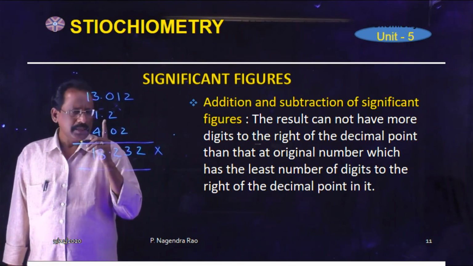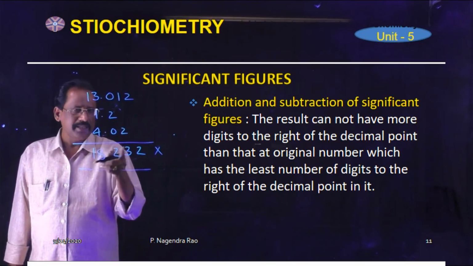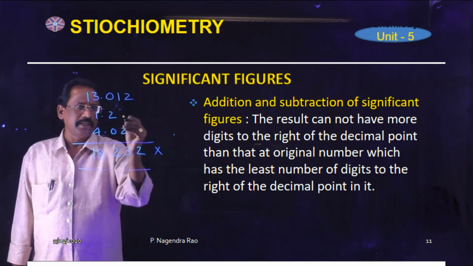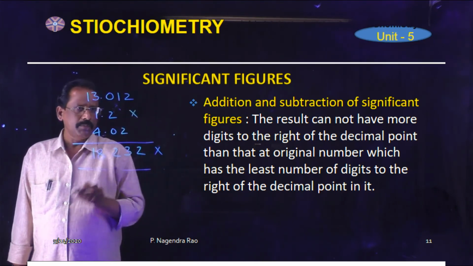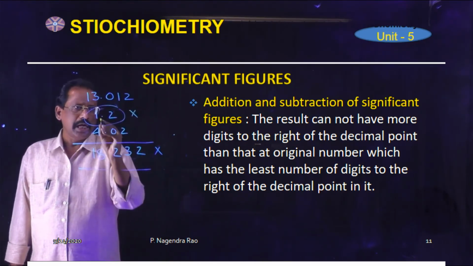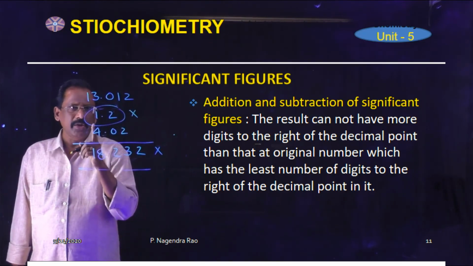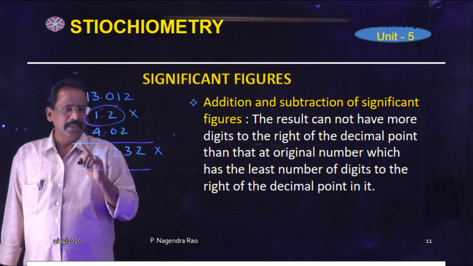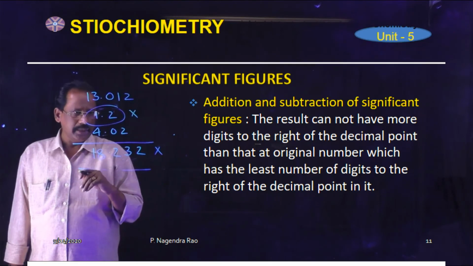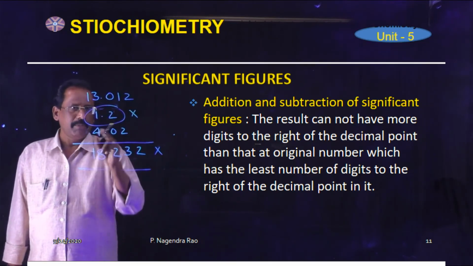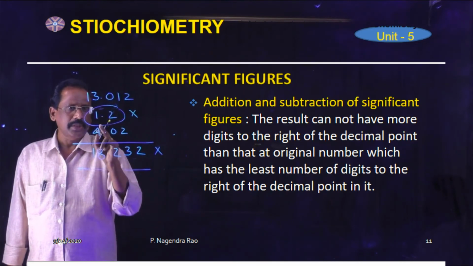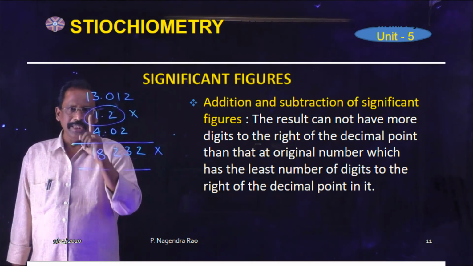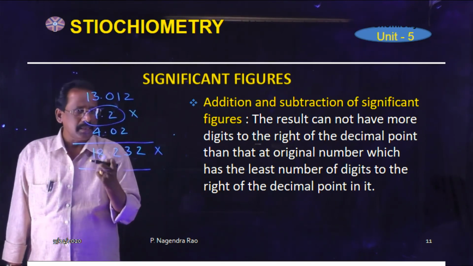Now the answer should contain only 1 digit after the decimal, because in 1.2 after the decimal point there is only 1 digit. But in your answer after the decimal point there are 3 digits, and among these 3 values the least number of digits is present in the second value, which is equal to 1. So your answer is also like that.